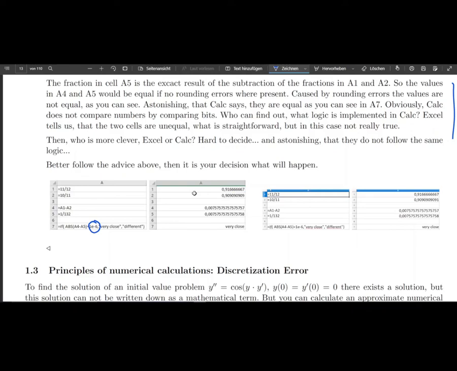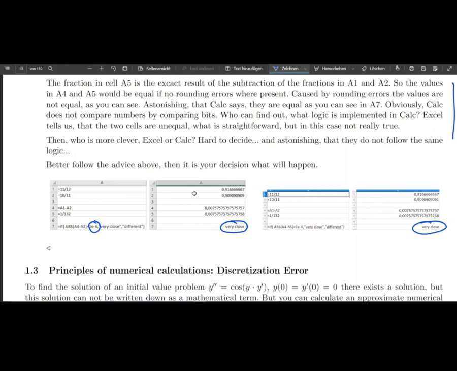And if the two values are close enough, with less than 1 divided by 1 million difference, then we can say, okay, they are very close. Most likely they are equal. Programming it that way, it will make no difference if we use Excel or Calc.